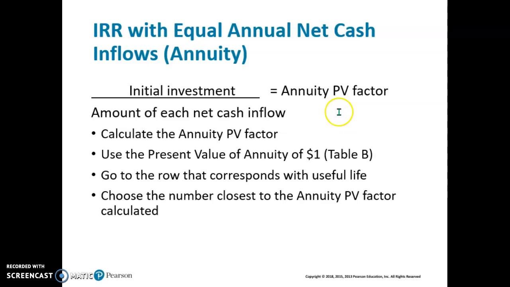So we'll have to do a problem and I'll show you how it works, okay? But that's the internal rate of return. And if you can't remember this, to me, it's the amount of each inflow times the factor is equal to the initial investment. And you're looking for the factor.